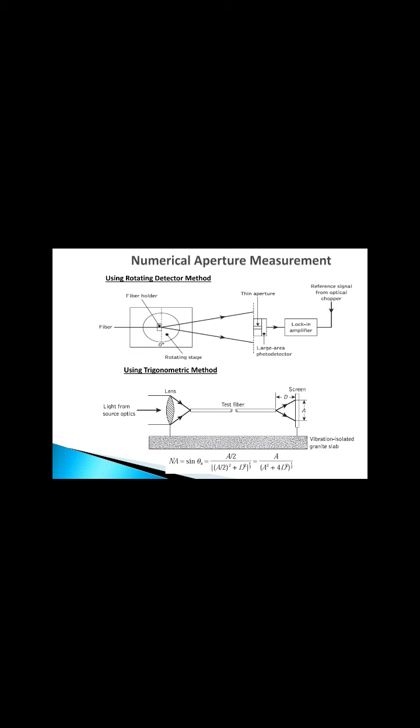That is how you place the fiber, so the axis should be parallel to 0 degree. At the other end of your table you have a photodetector, and this photodetector and the holder of your fiber should be placed parallel, okay, parallelly placed.